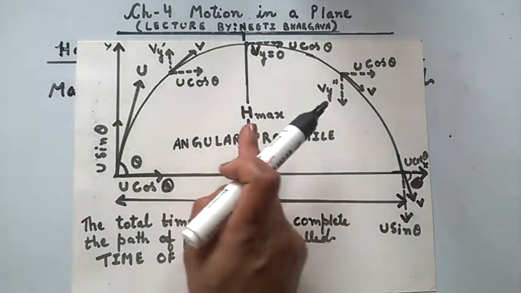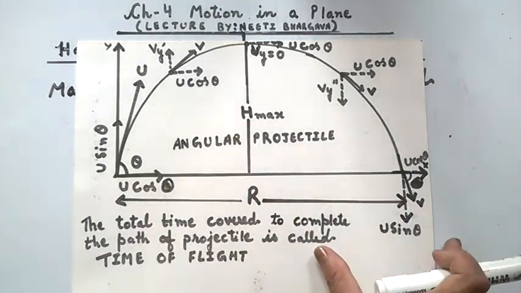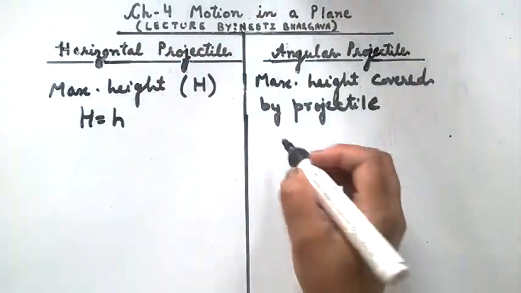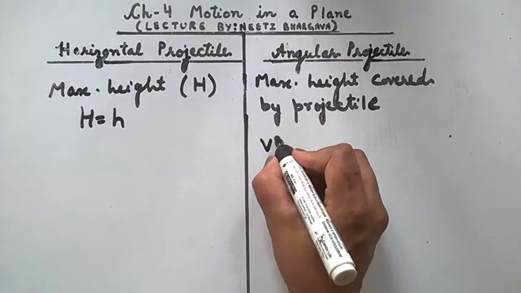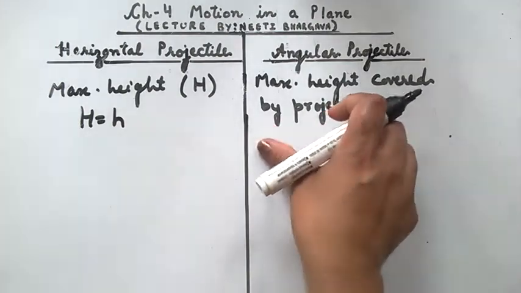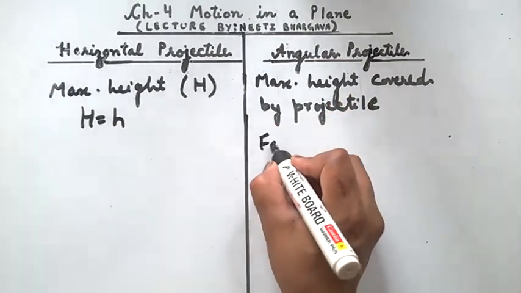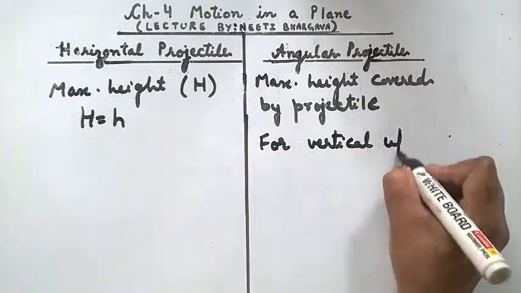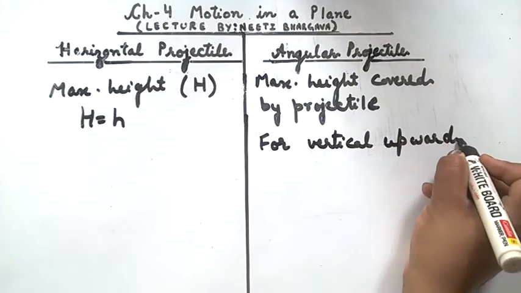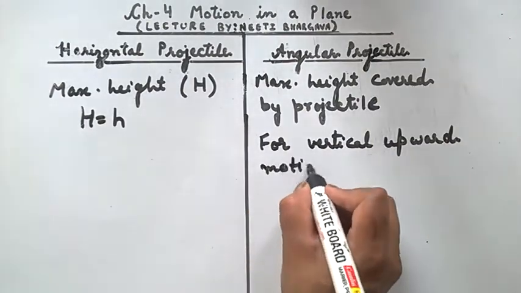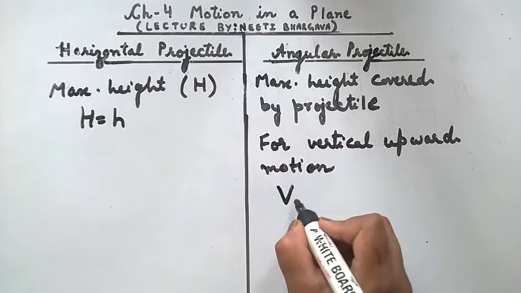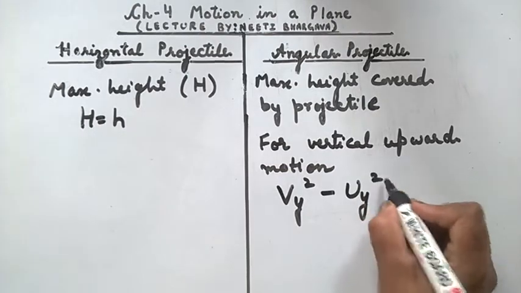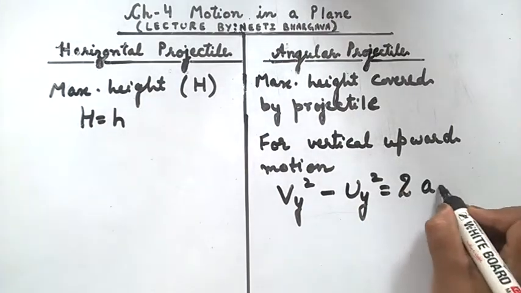Therefore, by equation of motion for vertical motion, which is in upward direction, we can write Vy square minus Uy square equal to 2 acceleration along y direction into vertical displacement.